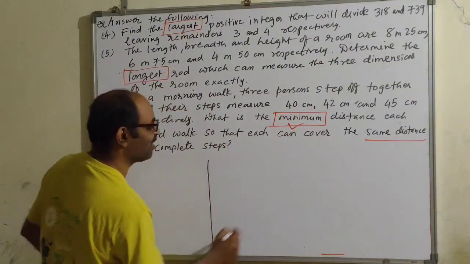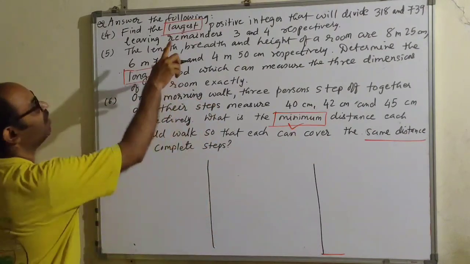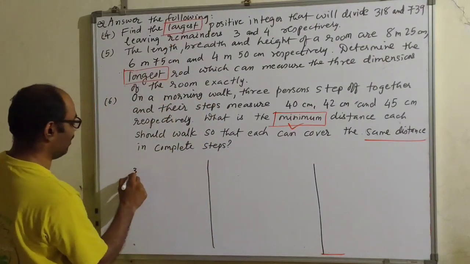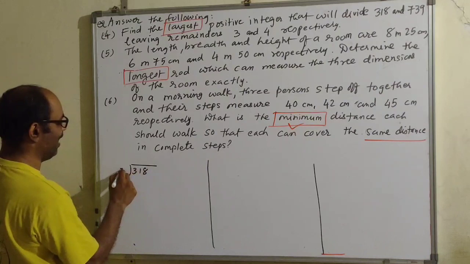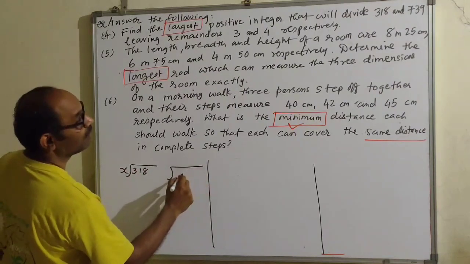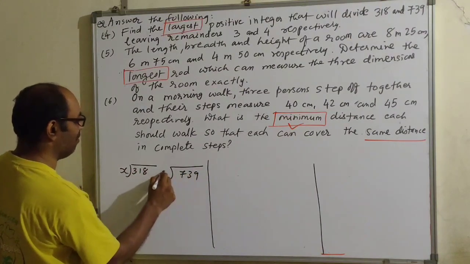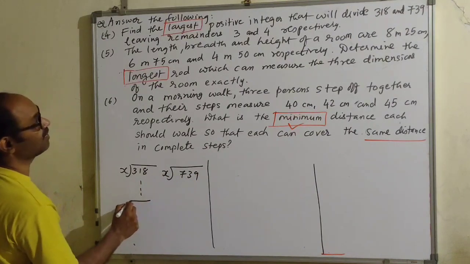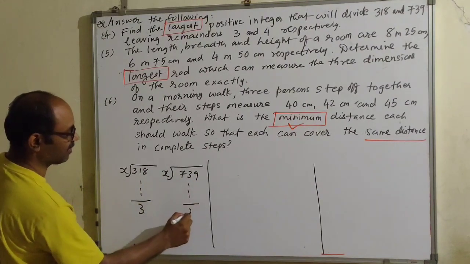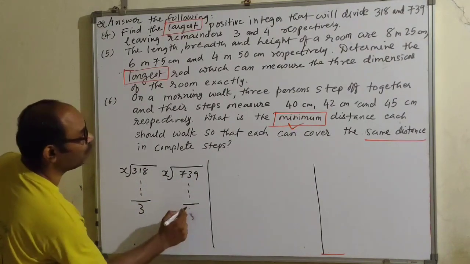Those 3 sums, if you remember: 318 divided by X, 739 divided by X, in this case the remainder was 3, in this case the remainder was 4. Check.